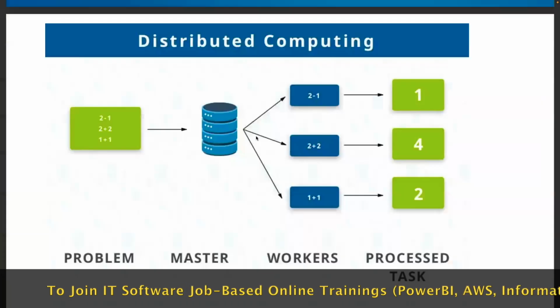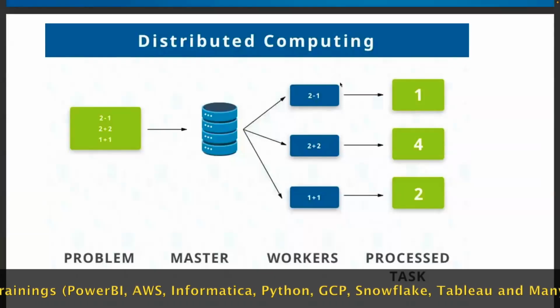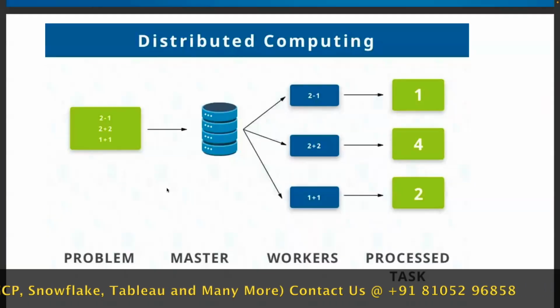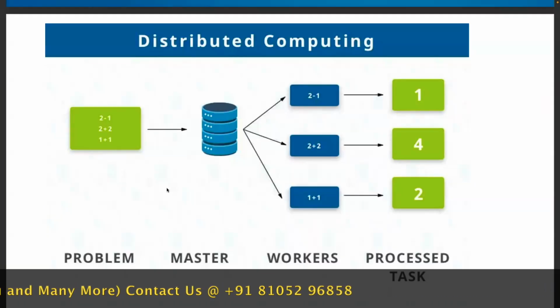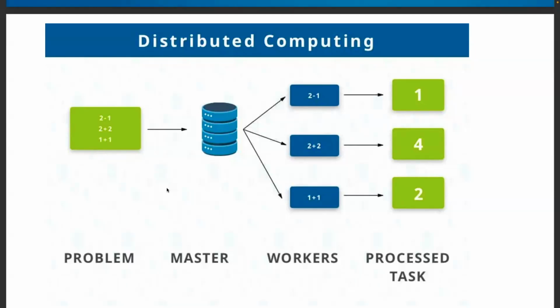In SQL your processing happens on a single machine, but in Spark it breaks the problem statement into different machines and then processing happens. For example, if I submit 2 minus 2, 2 plus 2, 1 plus 1 to a master node, it will divide the problem into different machines, and then the execution will happen.